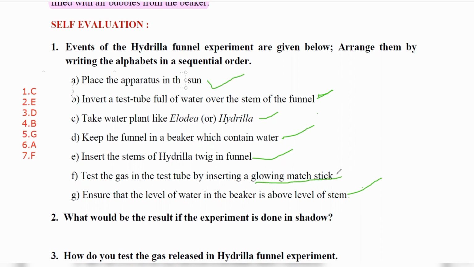So this is the last one. So here, C first, E second, D third, B fourth, G fifth, A sixth, F seventh. This is the sequence of conducting the hydrilla experiment.